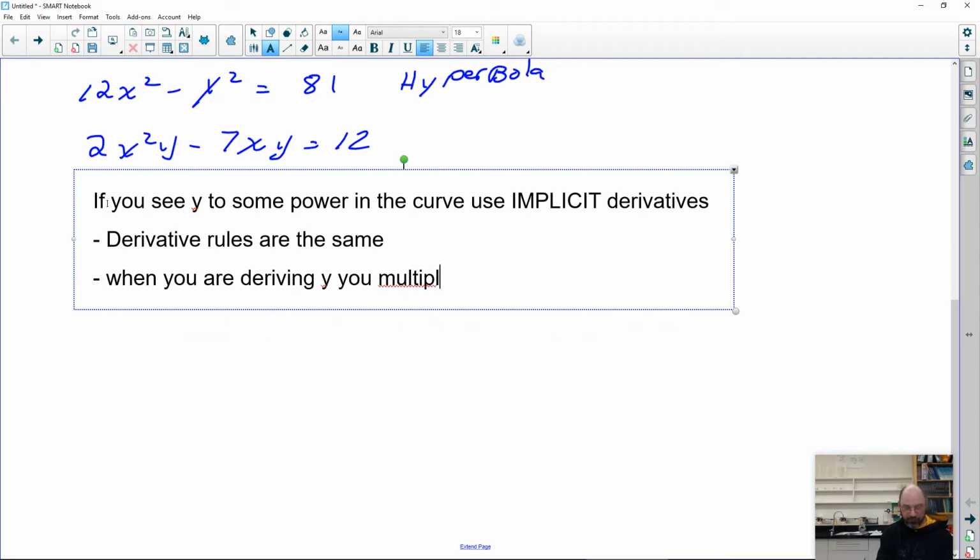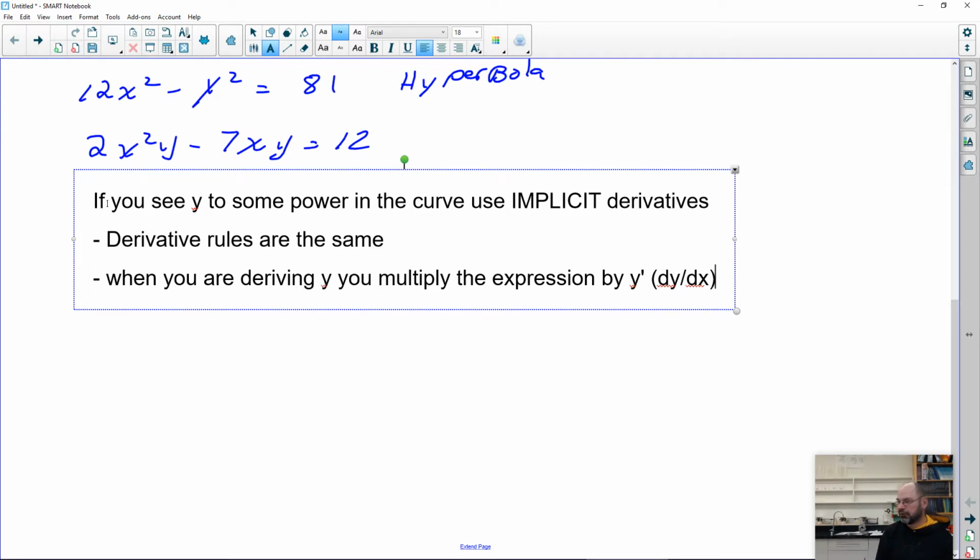I'll read some examples, of course. Multiply the expression by the derivative of y, so we'll just say y prime, or if you like, dy/dx. This is the other one that we use commonly. So that is basically the rule.